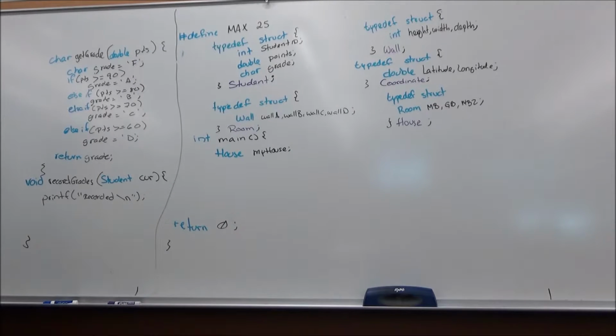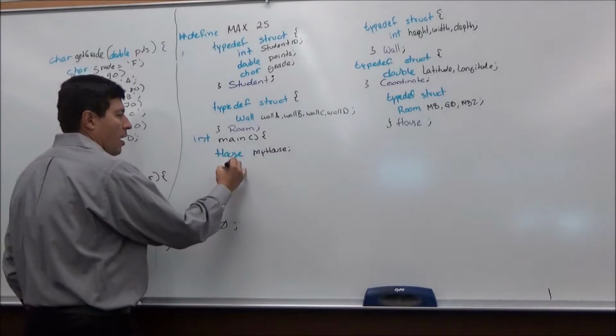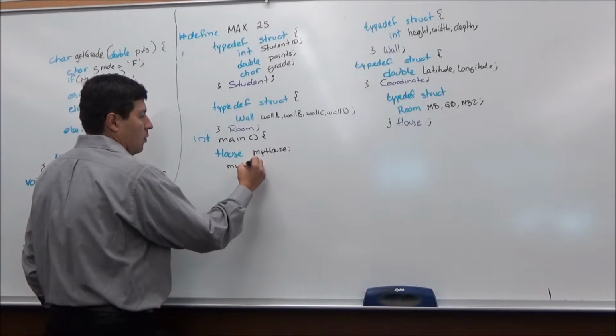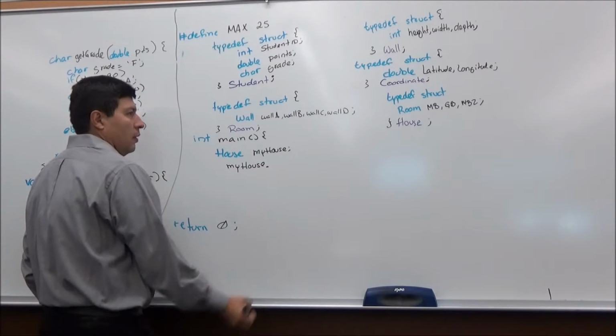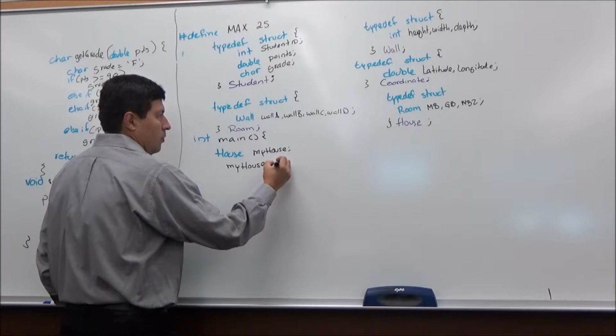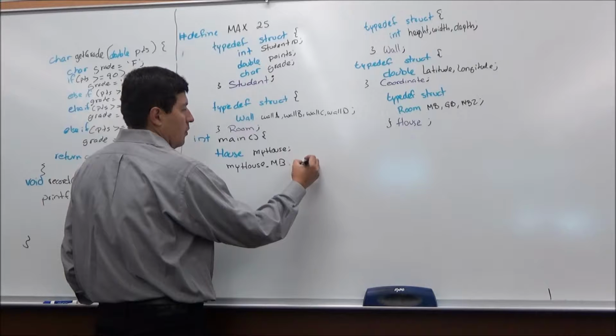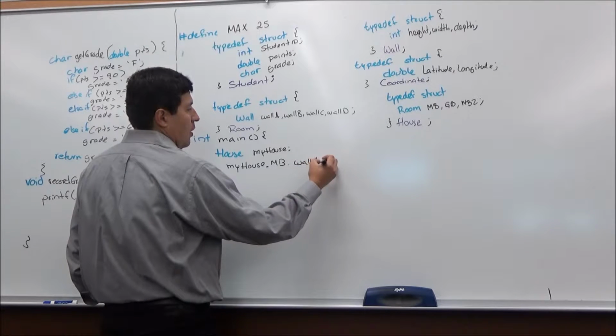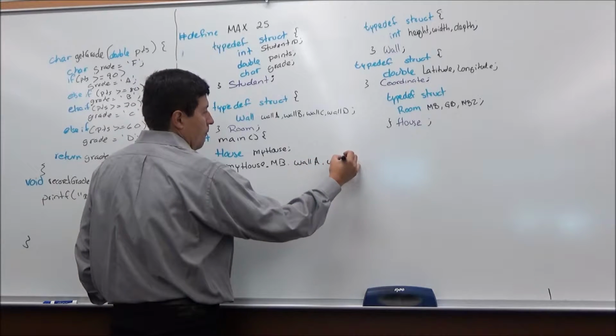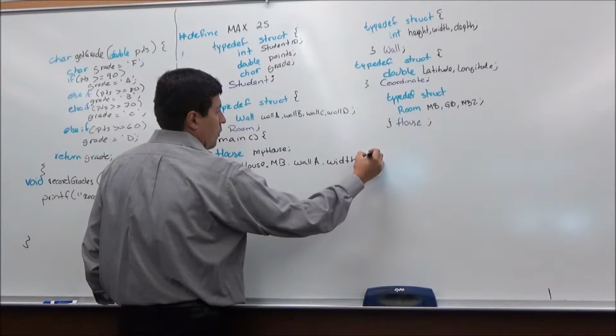And then I'll say, well, in my house, the master bedroom, wall A has a width of 25 feet.